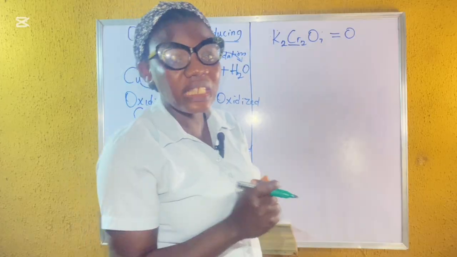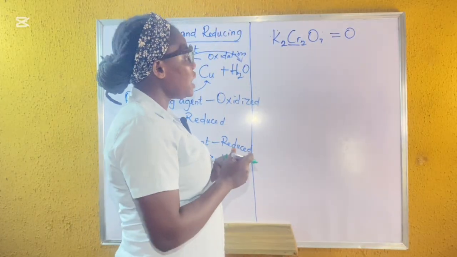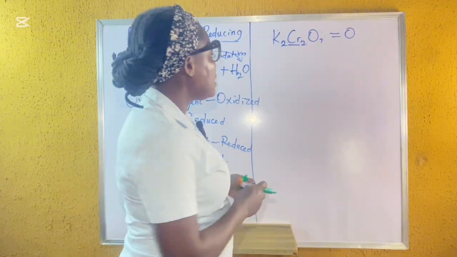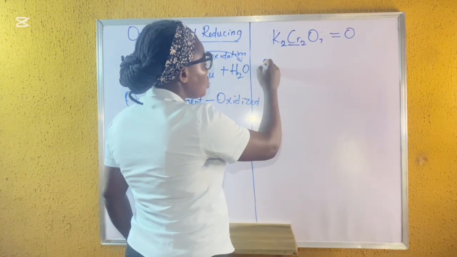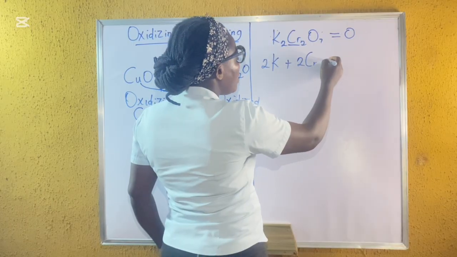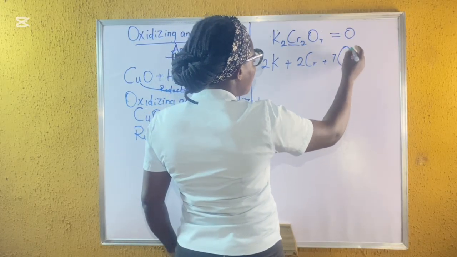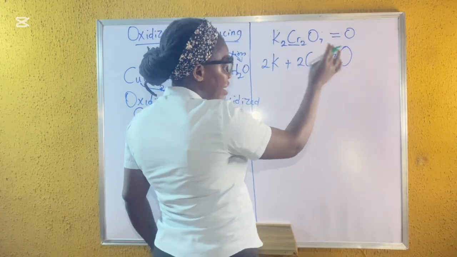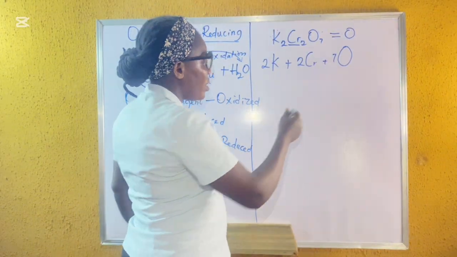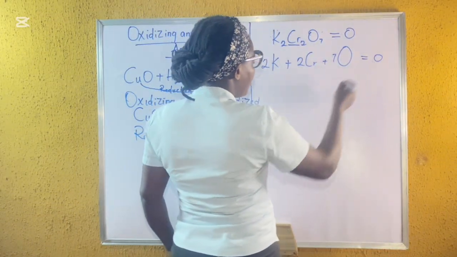And I'm looking for Cr, chromium, in potassium dichromate. Now, let's split it down. I have 2 potassium plus 2 chromium plus 7 oxygen, equals 0.